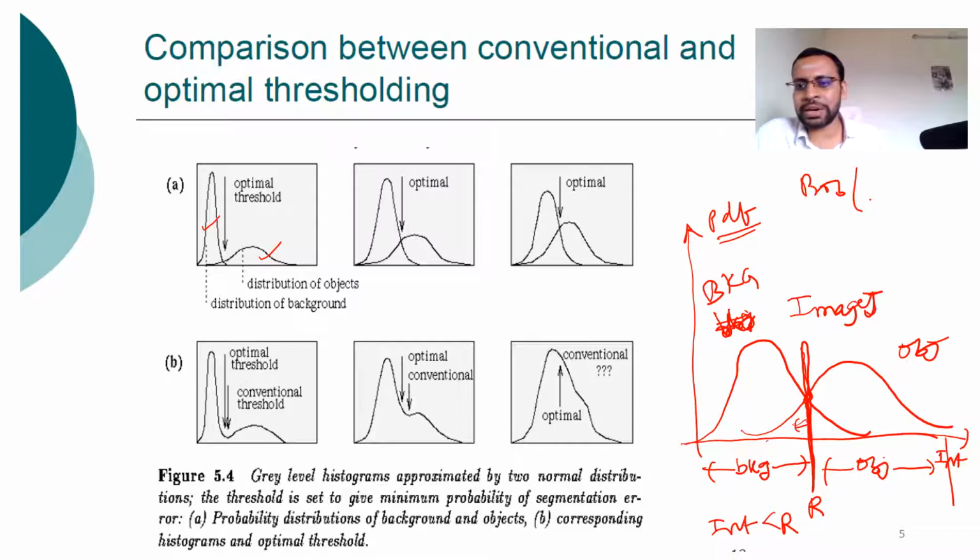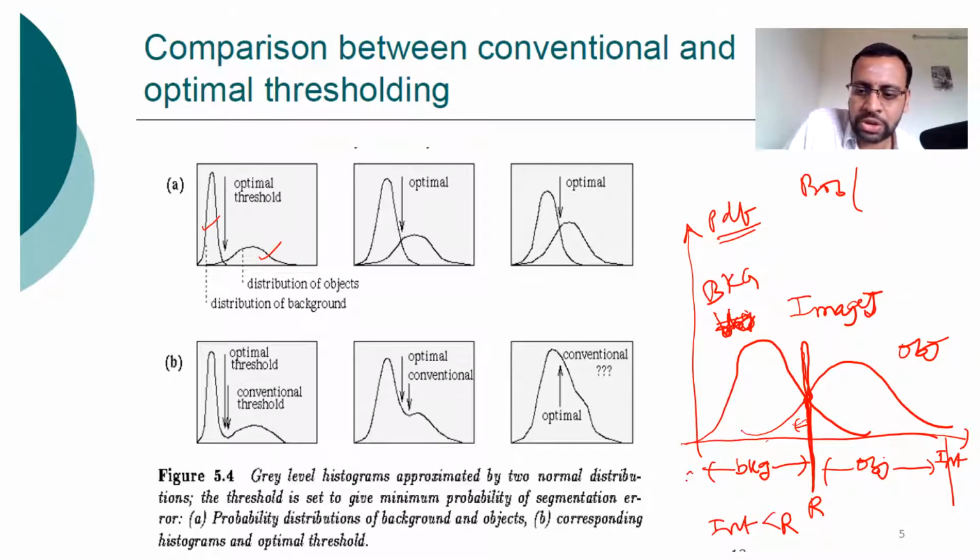I'm not writing it in the formal way at this point, but we will do it later in the course. The pixel belongs to the object but is wrongly assigned to the background. Which region would give me that value? The left side of the threshold point, that is, the left side of the object PDF.